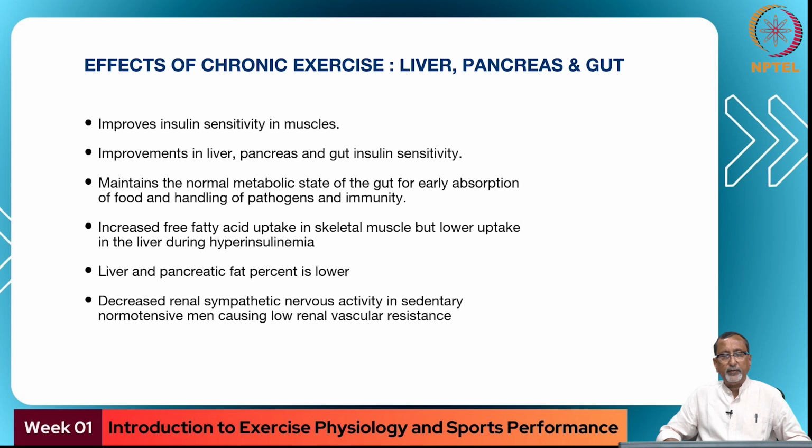Increased fatty acid uptake in skeletal muscle, but lower uptake in the liver during hyperinsulinemia. Liver and pancreatic fat is lower. Decreased renal sympathetic nervous activity in sedentary normotensive men, causing low renal vascular resistance.